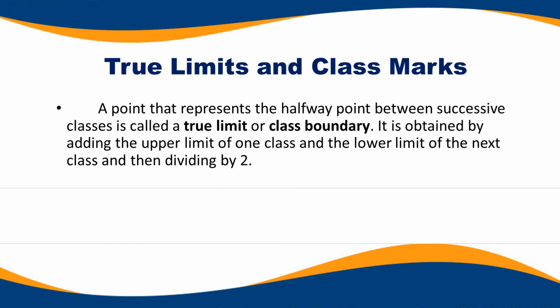How about the true limits and class marks? What are true limits and class marks? As defined, it is a point that represents the halfway point between successive classes. It is obtained by adding the upper limit of one class and the lower limit of the next class and then dividing it by 2. That is called the class mark.